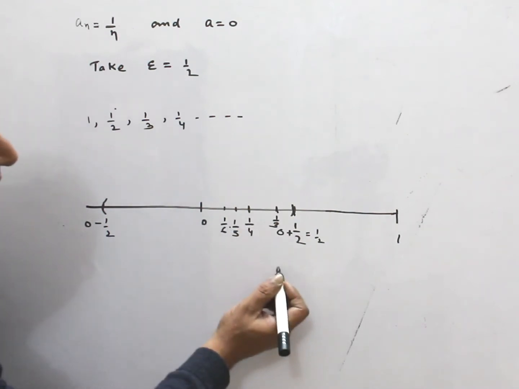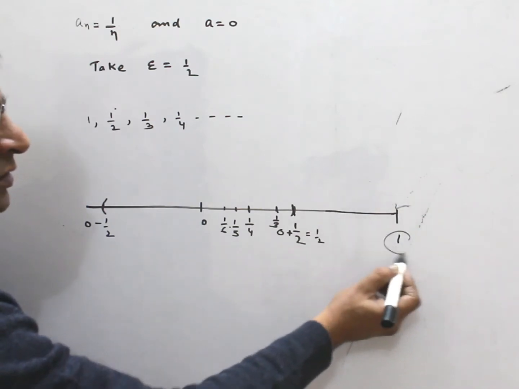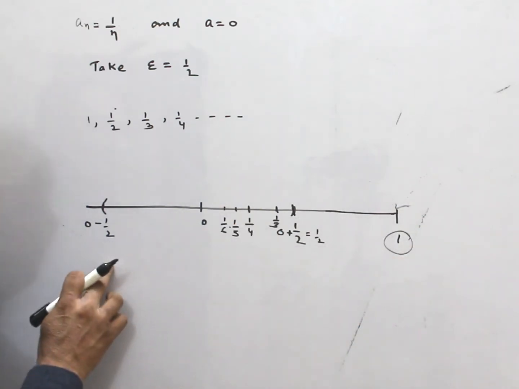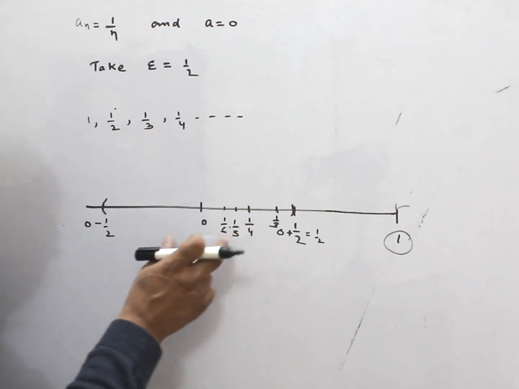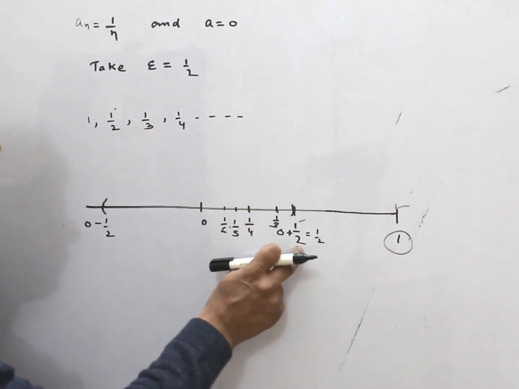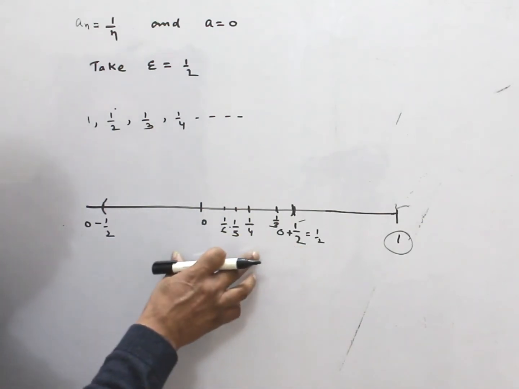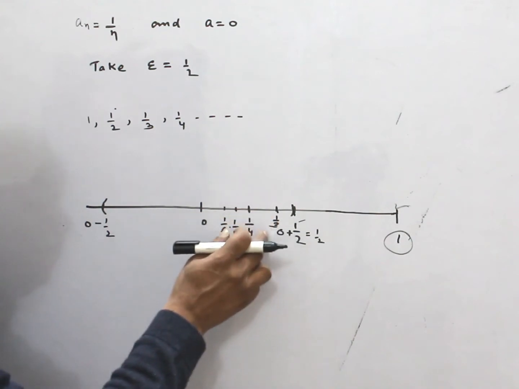So what you see is that the term 1 is not in the neighborhood of 0. What about 1 by 2? 1 by 2 is also not in the neighborhood of 0 because this interval is open.